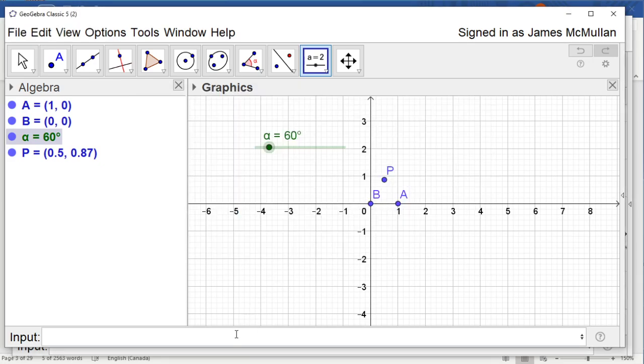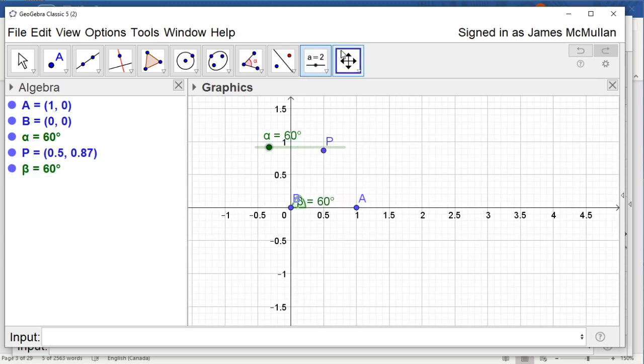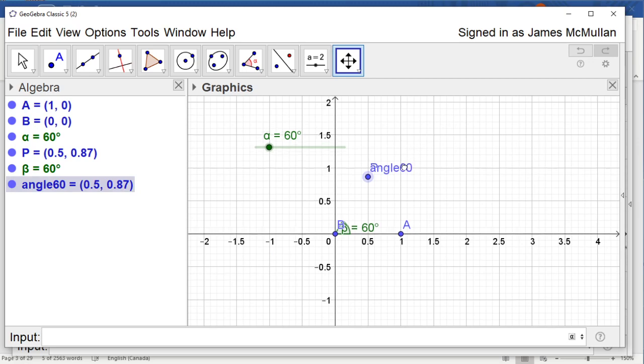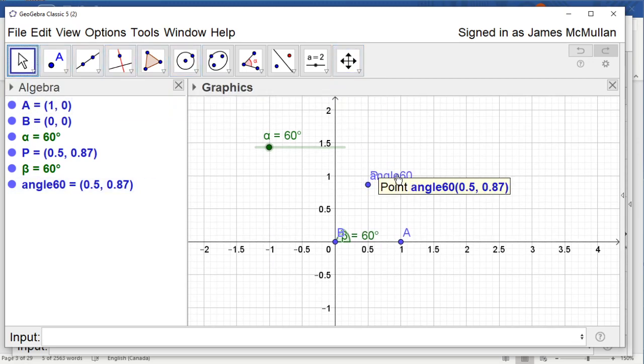A, B, P. There's a 60-degree angle. Now, just for the sake of it, let's call a point angle 60 equals rotate A 60 degrees. There's where a 60-degree angle is, just for your reference.